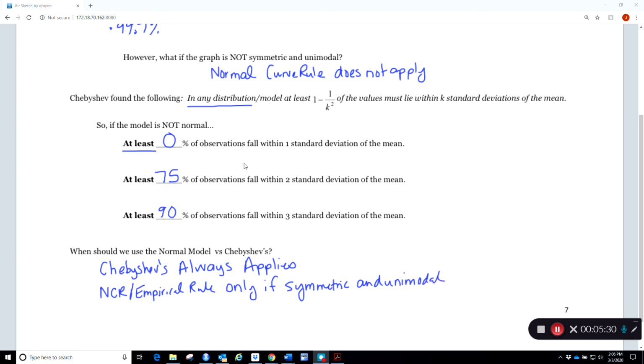And although Chebychev still applies to it, this then is better when it does apply. Because now I'm not just saying, well, at least 75%, but I can say, okay, it's 95%. So it's much more exact. So we like to use the normal curve rule when we can, but if it does not apply, we can always use Chebychev's rule.